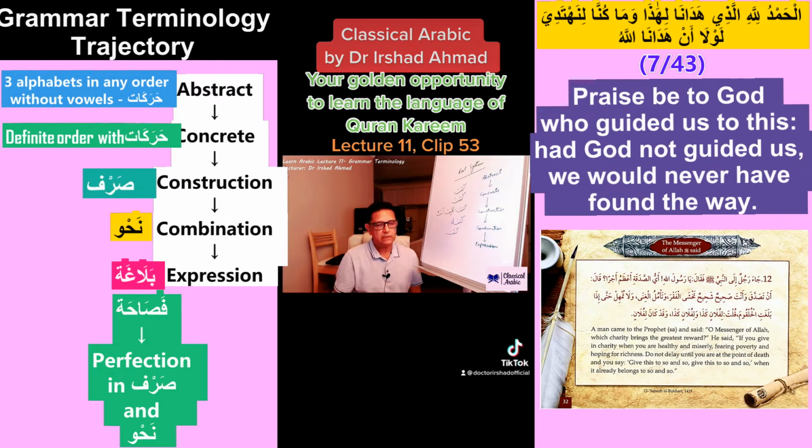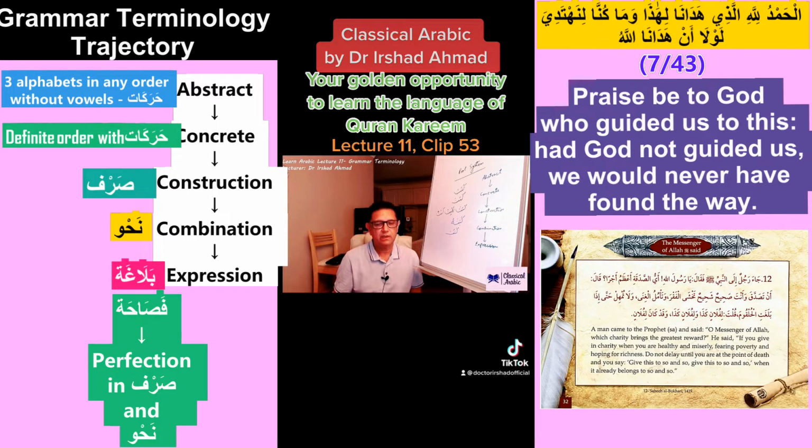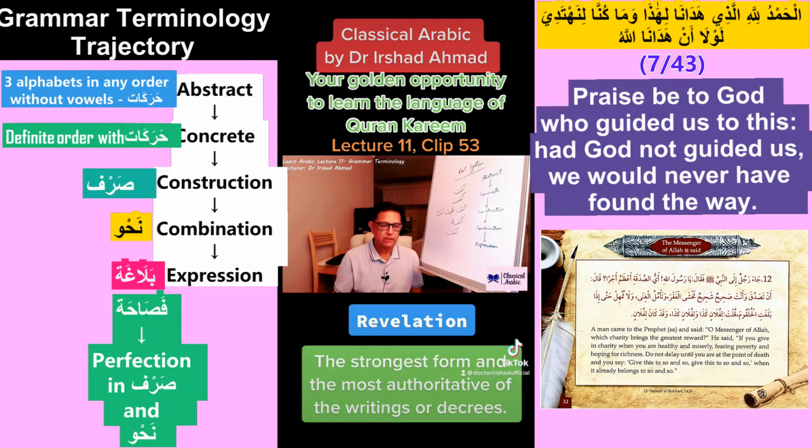And similarly, kataba is used for authoritative writing or a decree from someone in a higher position. For example, from Allah subhanahu wa ta'ala, or we can say in this word from a judge.